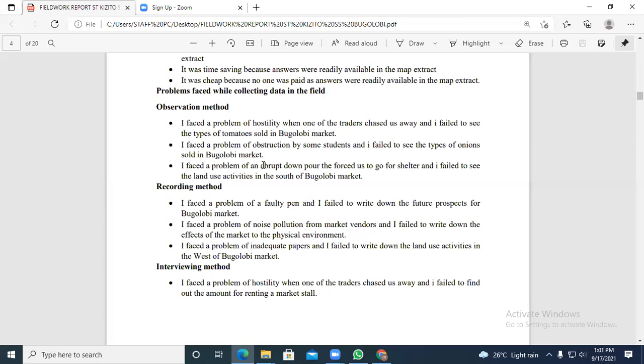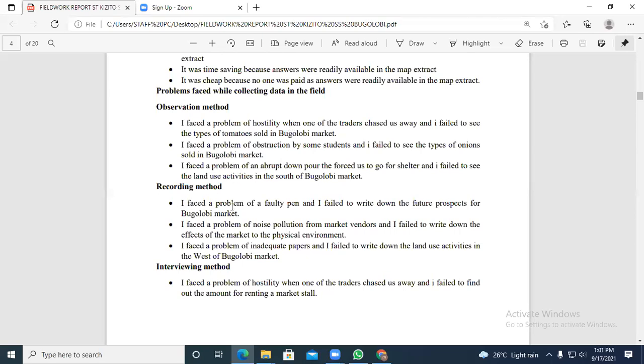With observation, you can also face a problem of an abrupt downpour. You can also face a problem of poor visibility. It can be due to fog or mist, and you cannot see things which are far away. So those are the problems faced by observation.